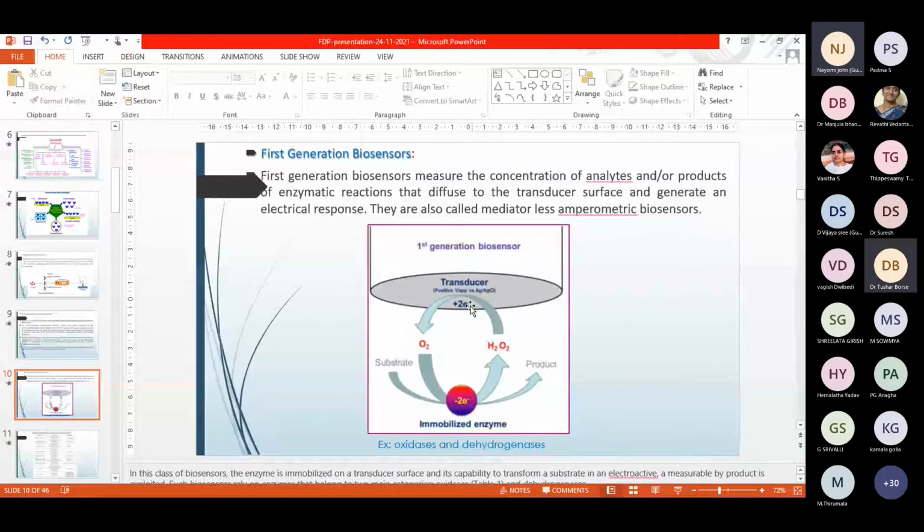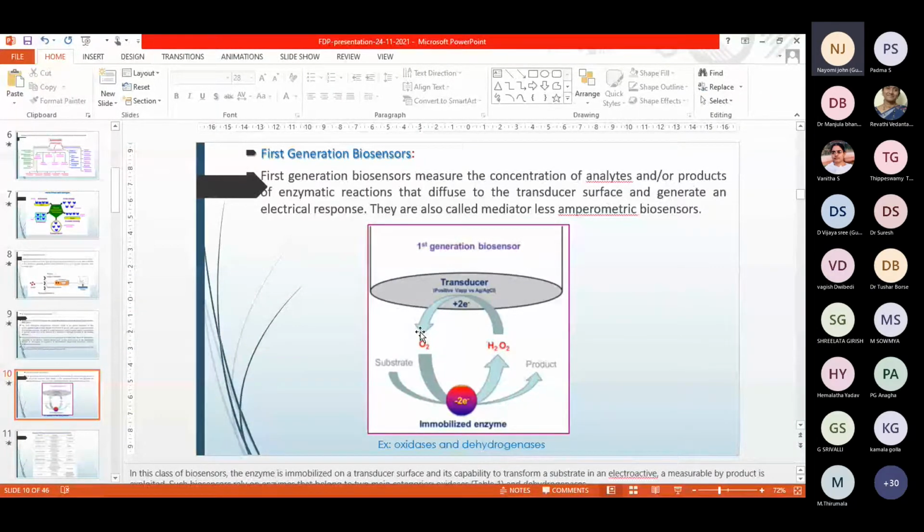So this immobilized enzyme is taking up 2 electrons from where? From glucose, meaning gluconolactone. That means 2 electrons in the form of 2 hydrogen atoms are being lost from the substrate, resulting in the product. So H2 is coming out from the glucose. H2 combines with oxygen, giving H2O2. At any point of time, the regeneration should happen for the next process of the enzyme. During that process, 2 electrons will be given to the transducer.